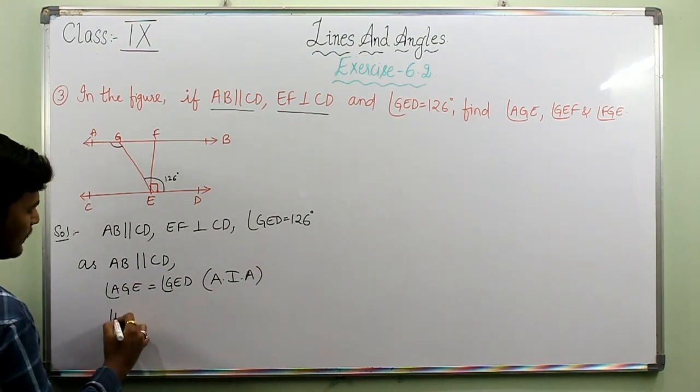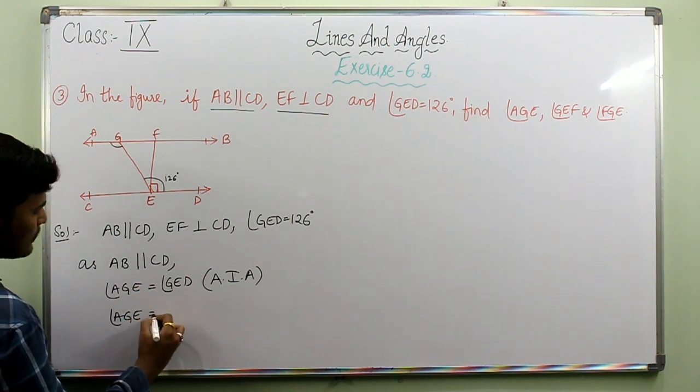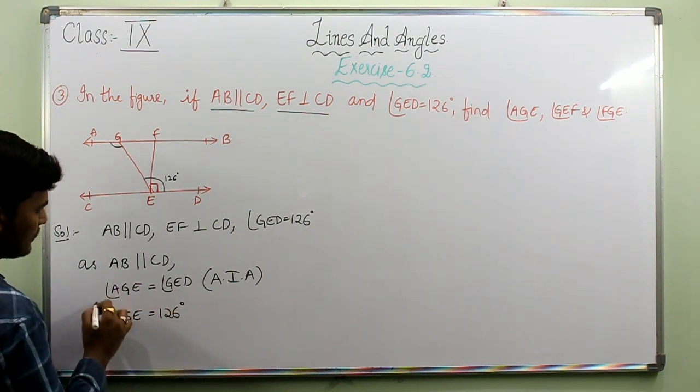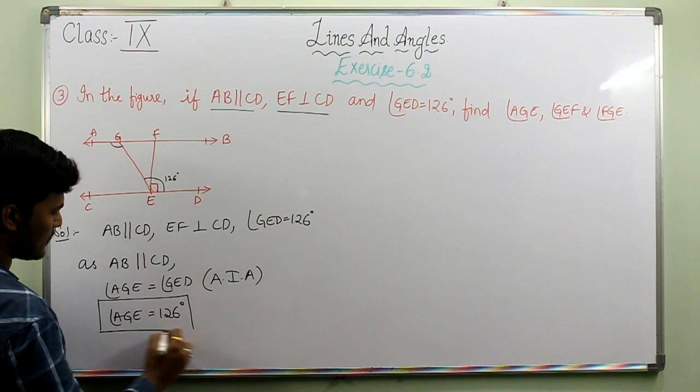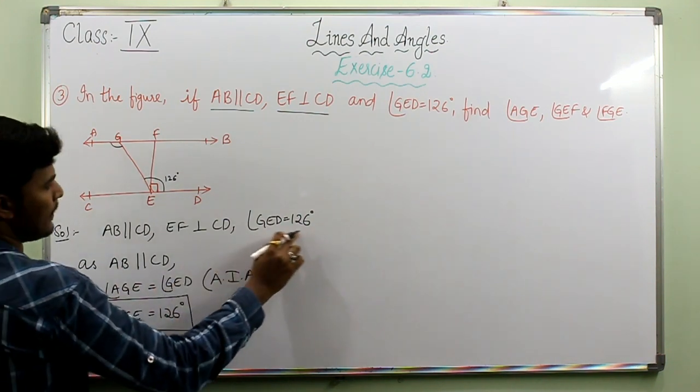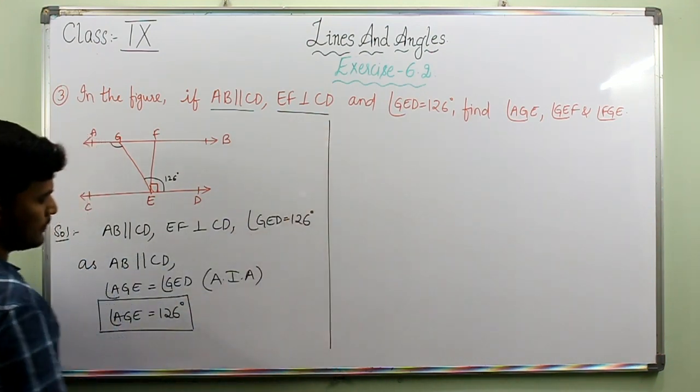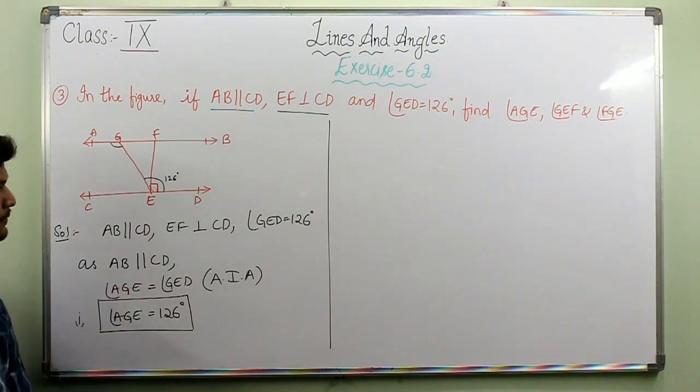From that, AGE will be equal to 126 degrees. This is the first one, because GED is given as 126 degrees. So this is the first answer.